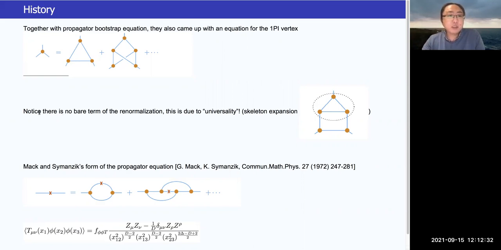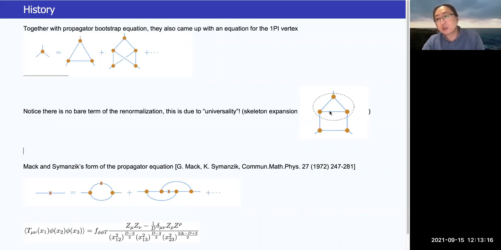Notice that there's no bare term here. In usual renormalization, we would add some bare couplings to cancel the infinities, but here there's no bare term. This was suggested by Migdal in his paper. I think it's quite clear: it's due to universality, so you shouldn't care about the bare coupling, which comes from the UV physics. Also, this expansion is the skeleton expansion, meaning these are really the 1PI vertices.